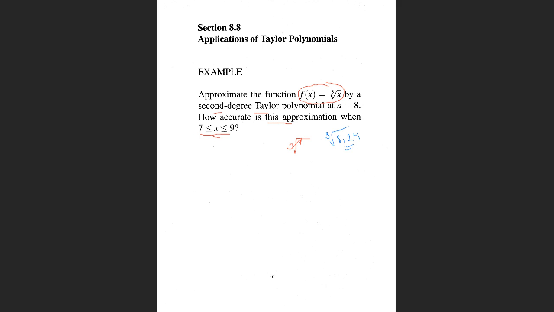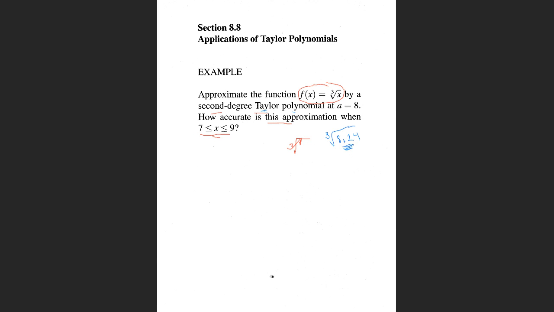Well, we don't know how to find that offhand. That 8.24 isn't a nice value. There's no perfect cube root of that. We don't know how to find it, but if we have a polynomial to help us, we can always evaluate a polynomial without too much difficulty. We could approximate that cube root of 8.24 with the polynomial.